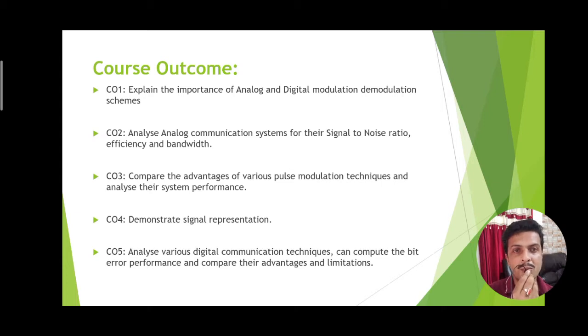The fourth one is to demonstrate signal representation, analyze various digital communication techniques, compute the bit error performance and compare their advantages and limitations. So these are the listing of the 5 course outcomes which a student should achieve at the end of the delivery of the course.